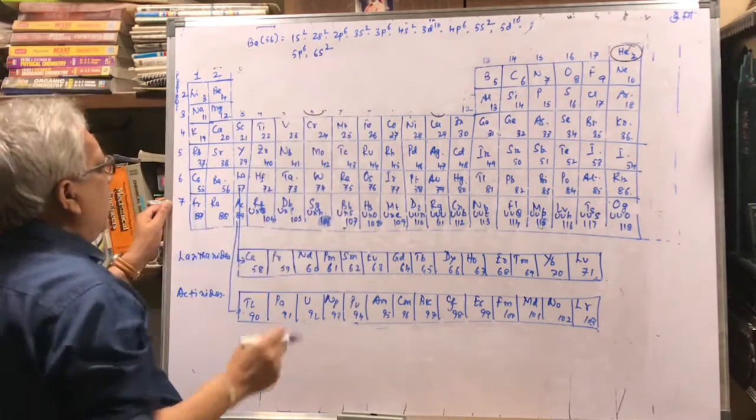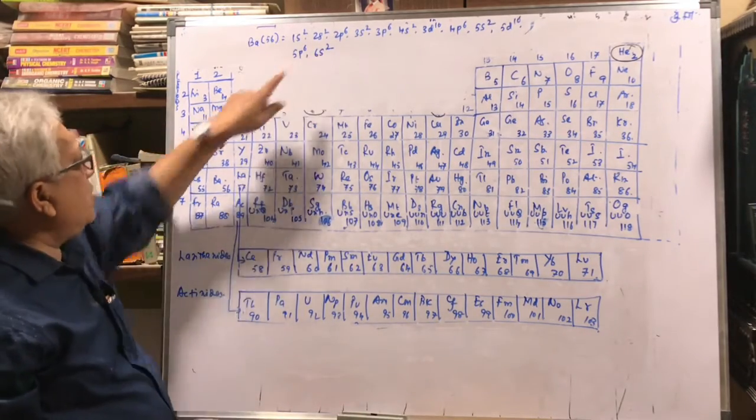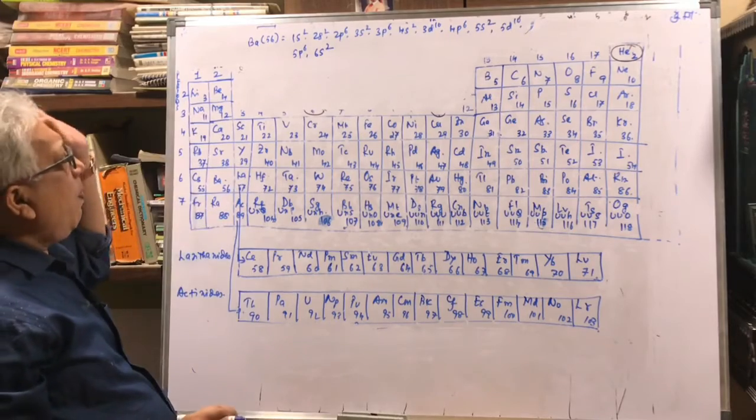This is for barium, and the outer configuration is ns2, so it is placed in group 2.